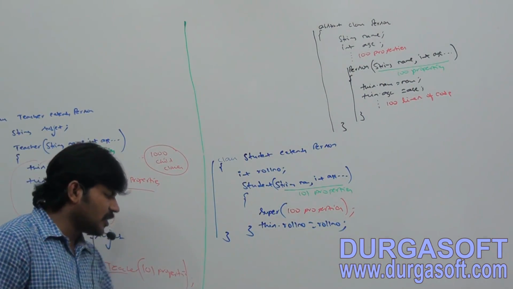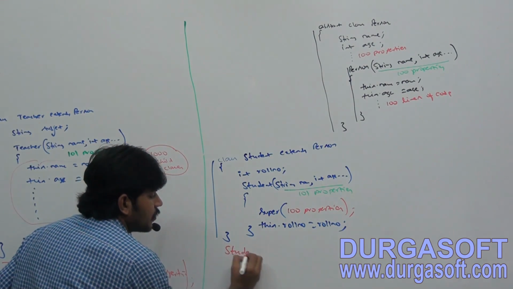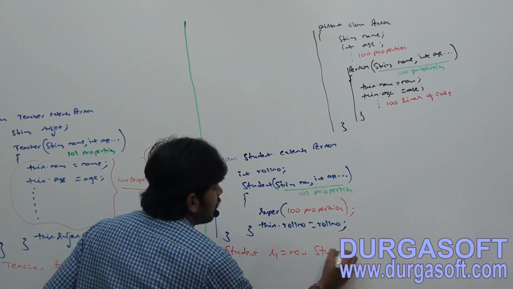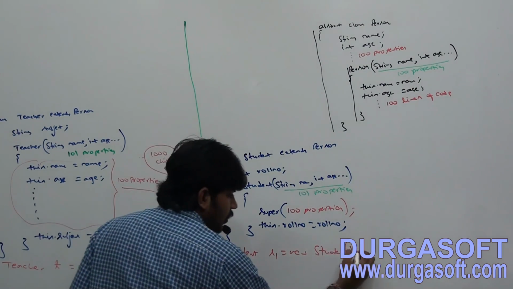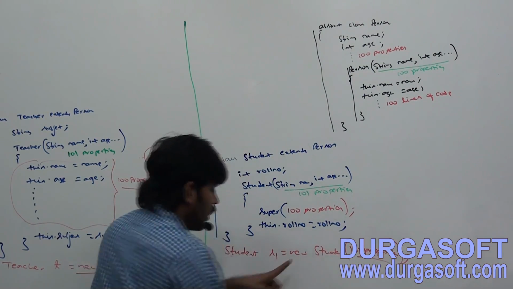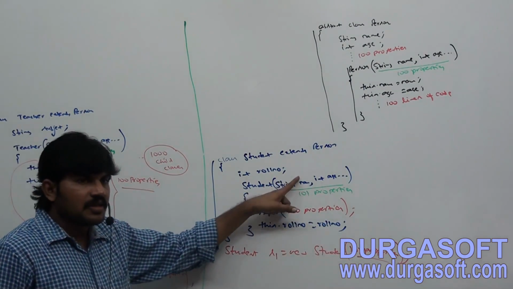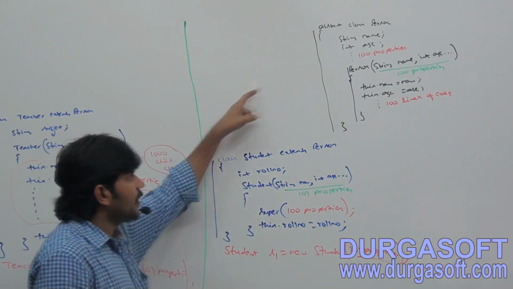Now take a bit of special care. Sir, I want to create a student object. I am creating Student s1 is equal to new Student, and I pass 101 properties. Now I'm creating the student object. 101 properties are coming. In those 101 properties, 100 properties will go to the parent.